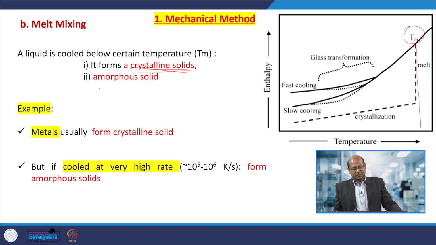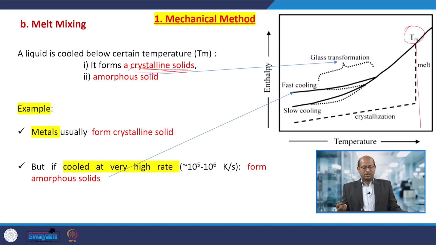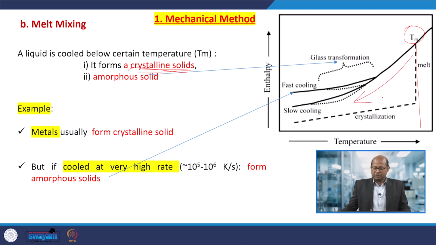When we change the temperature, suppose the solid material is at high temperature, so it is in the melt state. After that, if we gradually decrease the temperature, this is the melting temperature, or Tm, the certain temperature at which a particular metal or material is converted into the liquid state. Okay. After that the liquid will be cooled, meaning the temperature will go down.